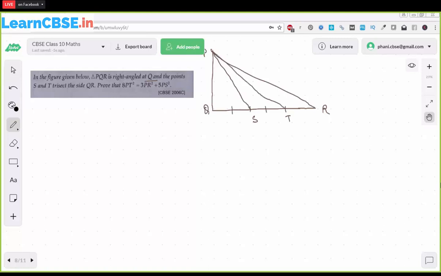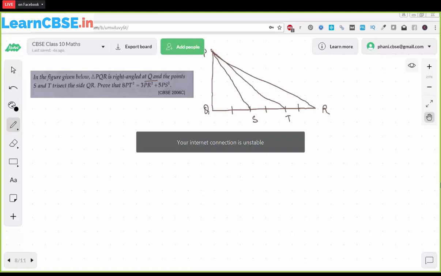Trisected means all these three parts will be the same, equal. And we have to prove 8 PT square equals 3 PR square plus 5 PS square.